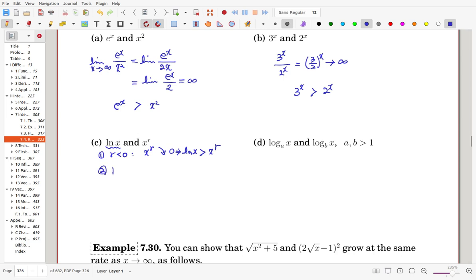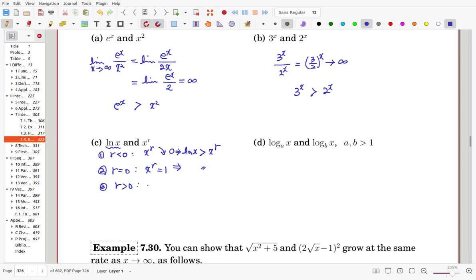Secondly, if r equals 0, then x to the r is 1. So again, we can say the same thing. Thirdly, if r is positive, then x to the r is increasing, approaching infinity as x approaches infinity.